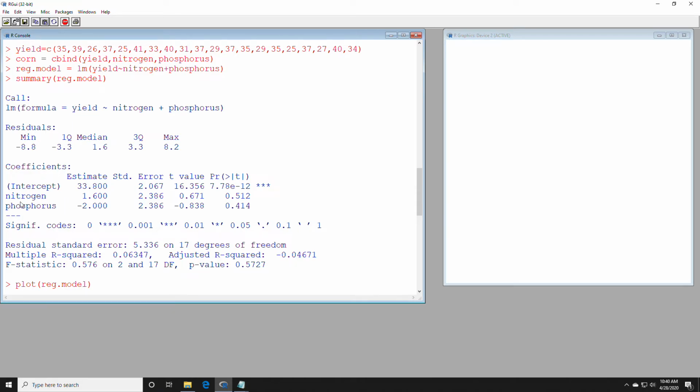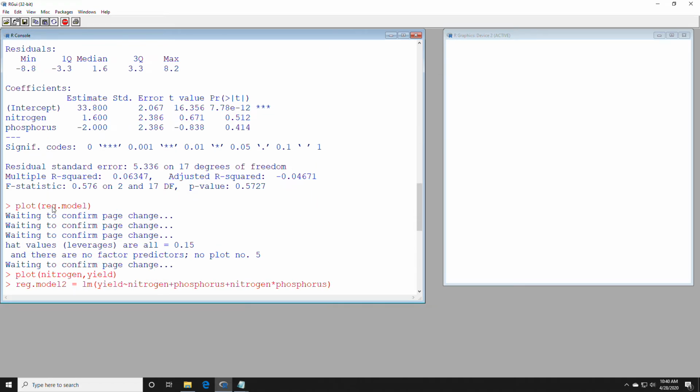Whenever we increase nitrogen by 1, we increase crop yield by 1.6, holding phosphorus constant. Remember, you have to add that little line when we have multiple variables. And for phosphorus, whenever we increase phosphorus by 1, we decrease crop yield by 2, holding nitrogen constant.